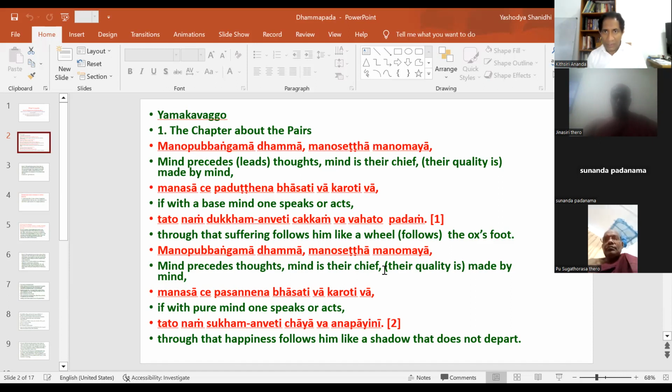Mano settha, mind is the chief, mind is greater in the process of mental phenomena. Or in the thought process, mind becomes the chief. Their quality is made by mind. Manomaya. Everything is made by mind.